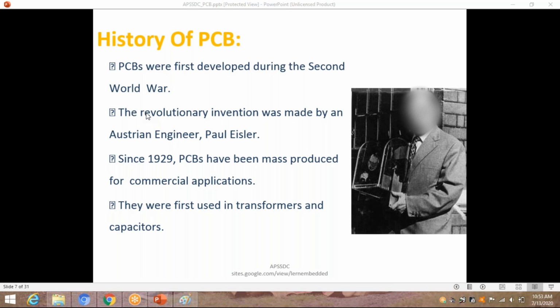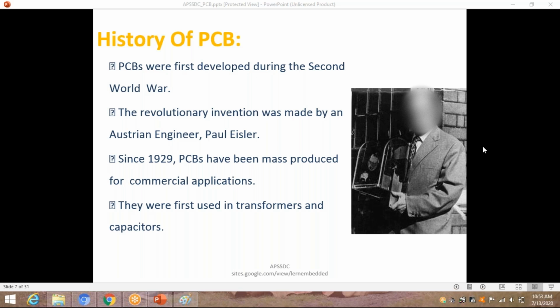Okay, history of PCBs. They were first introduced in the Second World War time. Here it is not mentioned that when it was first used. During the First World War, the first PCBs were invented to use in a rocket launcher. Okay, is it clear, guys?